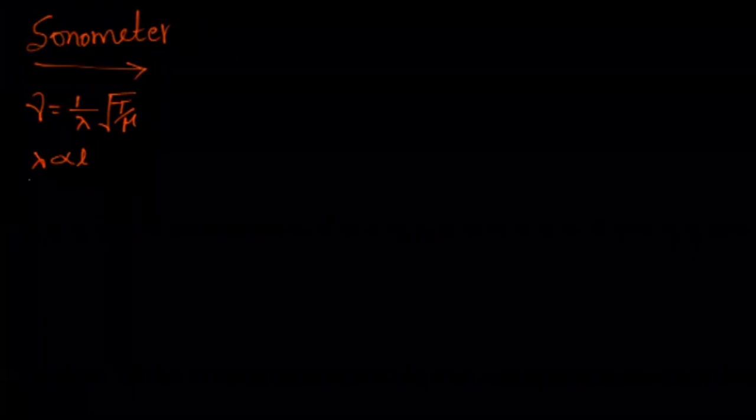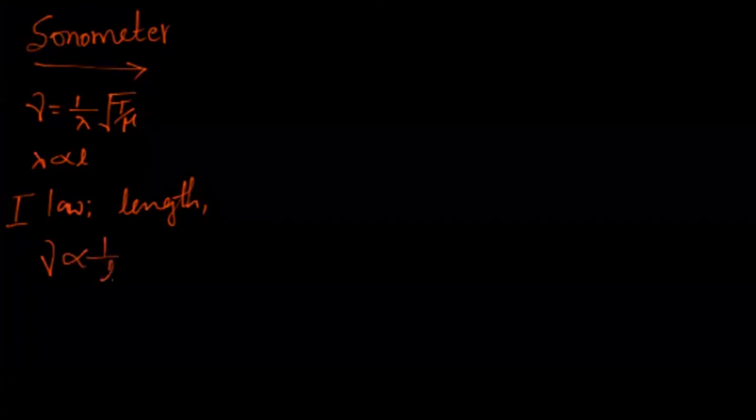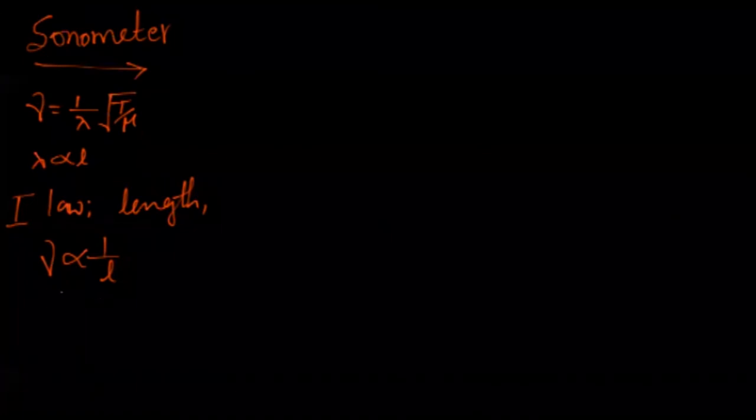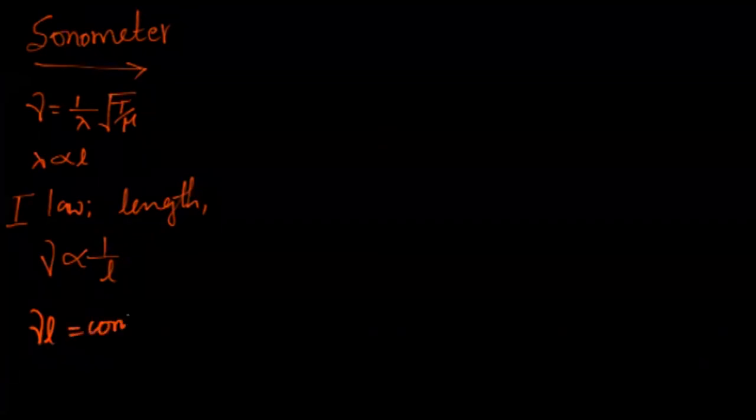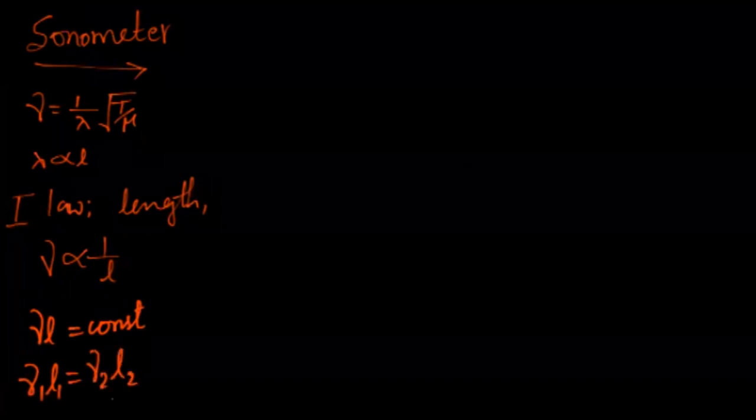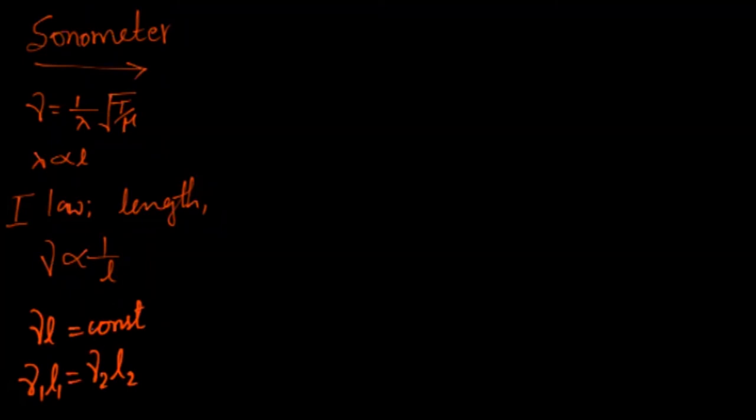So the same equation is formulated into three laws. The first law is called the law of length, and it says that the frequency of vibration is proportional to 1 over length only if the tension in the string and linear mass density are kept constant. So nu is inversely proportional to length. Or you can write nu L equals constant, or nu 1 L1 equals nu 2 L2 for the same wire at equal tension and linear mass density.